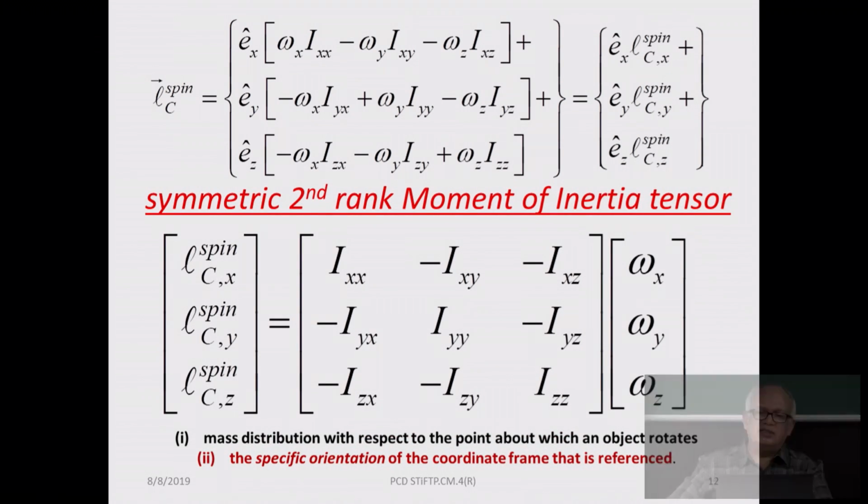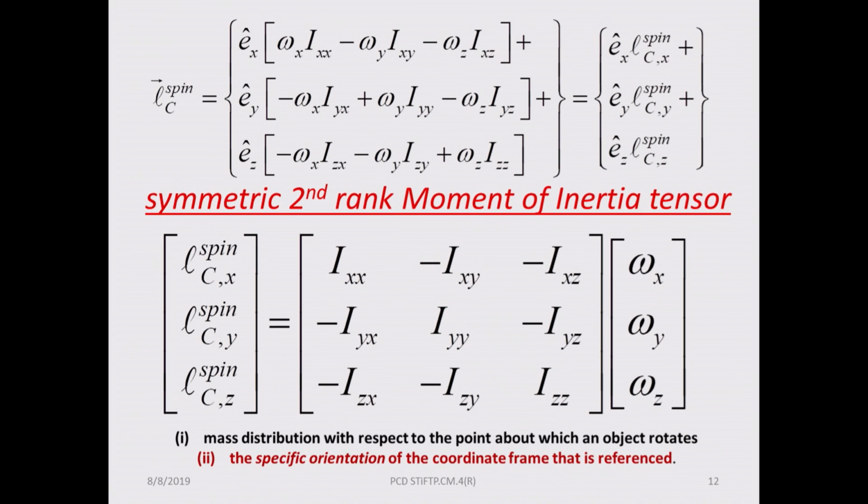So it is a second rank tensor, and it has this important property that it depends on the mass distribution about the point about which the object rotates, and also the specific orientation of the coordinate frame of reference which is being employed.